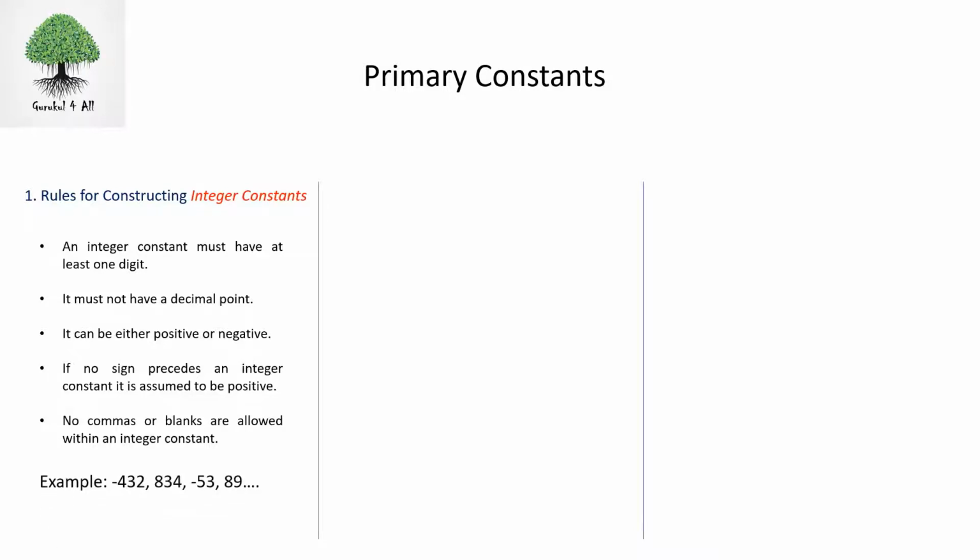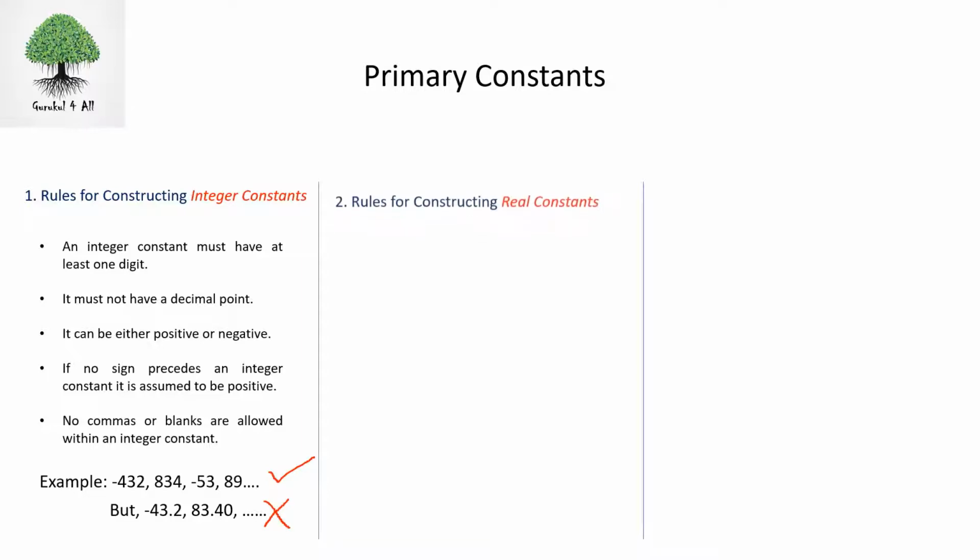As you can see, these are the integer constants, meaning minus 432, 834. They are the complete number. They don't have any decimal part. So such kind of numbers are known as integer numbers. These are integer constants. But on the other hand, if we see minus 43.2, 83.40, we are having a decimal part. So these are not integer constants.